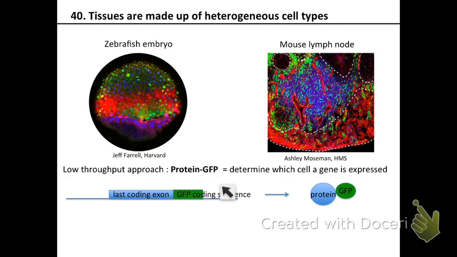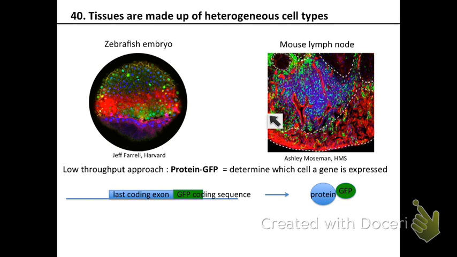Then you visualize these animals under a microscope. What you can see here, again, zebrafish, our favorite now. The zebrafish embryos, you can see that there are some cells expressing this protein, others expressing the blue, expressing the red, etc., right? And you can do the same thing with mouse lymph node where you can visualize different cells.